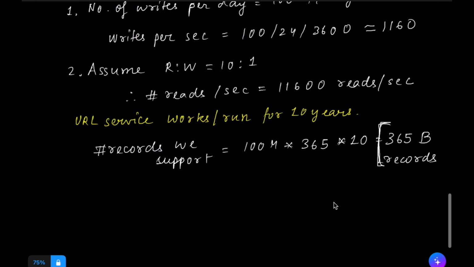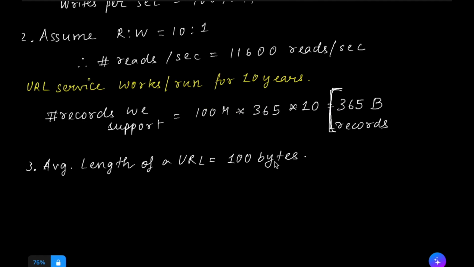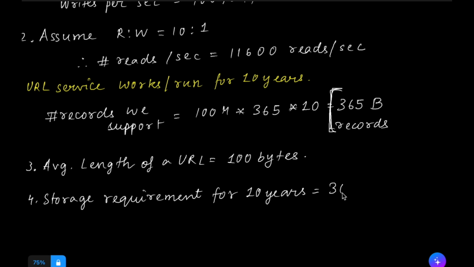And suppose the average length of a URL is, let's say, 100 bytes. So the storage requirement for 10 years is 365 billion records multiplied by 100 bytes per record.